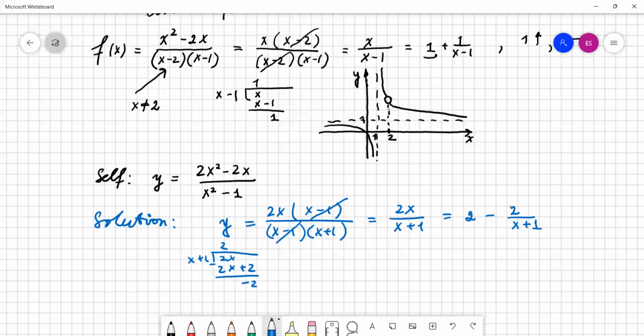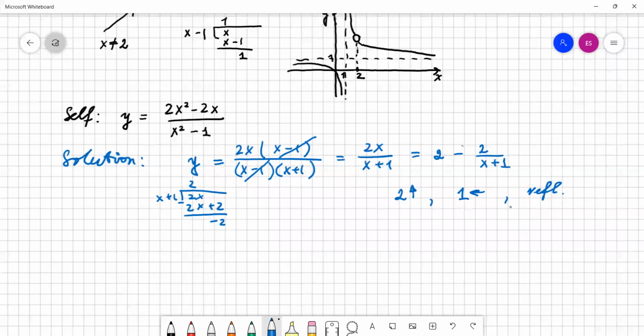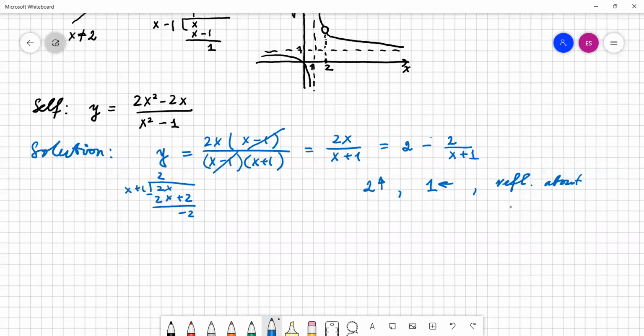So what I have is 2 units up, 1 unit to the left, and this minus is going to do a reflection about the x axis. And because I canceled x minus 1, x is not equal to 1 because it's turning into 0. It's going to give me a hole.